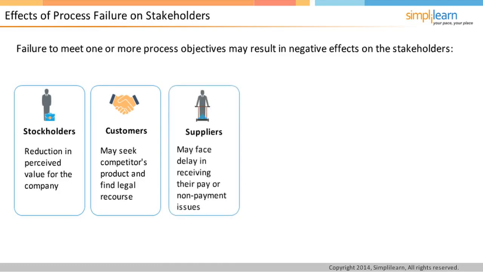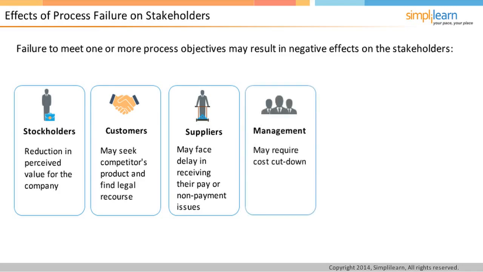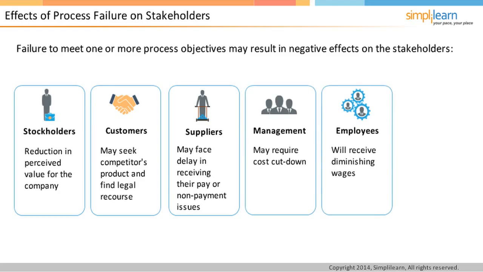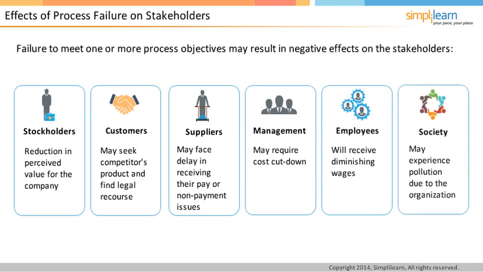Suppliers may be on the losing front with delayed payments or not being paid at all. Company management may require cost cutdown. Employees will receive diminishing wages. The community and society will be affected due to pollution created by the organization. In the next screen, we will understand the relationship between business and the stakeholder.